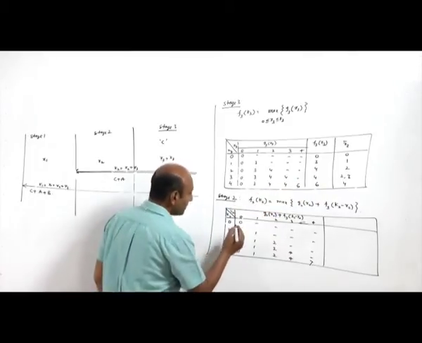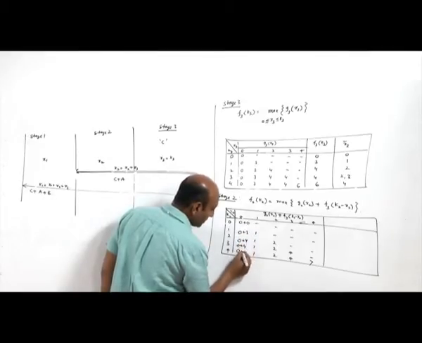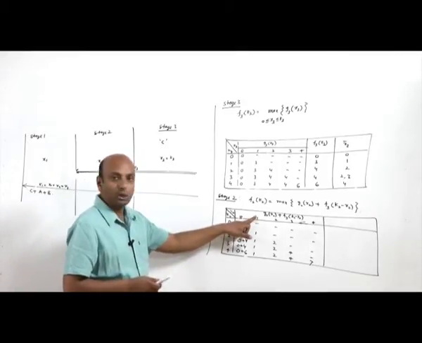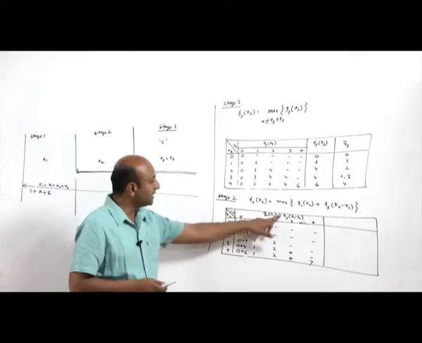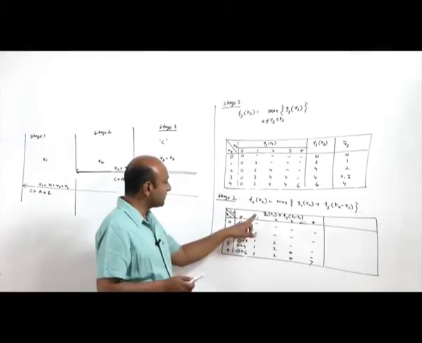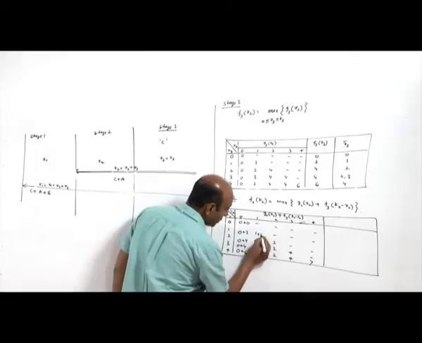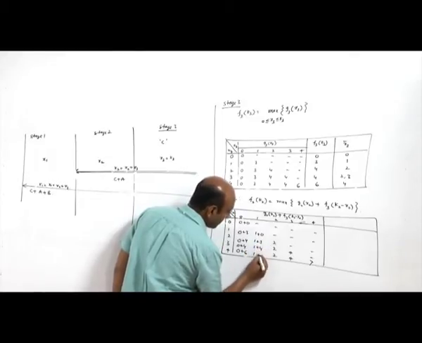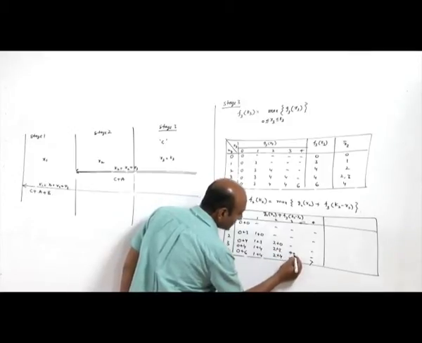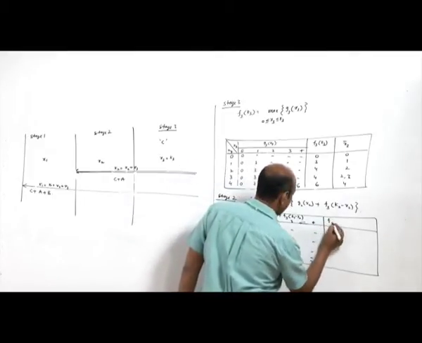So we have to add 0, then 3, then 4, then 4, then 6. Again here it is 1 minus 1 is 0, then F3 at 0 is 0. It is 2 minus 1 is 1 and F3 at 1 is 3. So it is plus 0 plus 3 plus 4 plus 4. Again it is 0 plus 3 plus 4. Again it is 0 plus 3. Again it is 0.